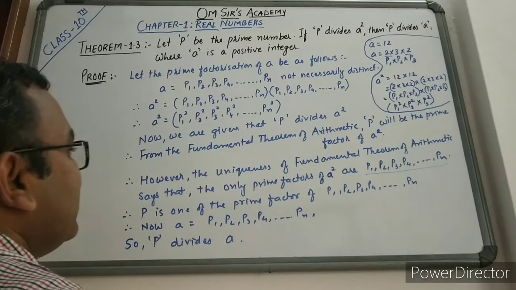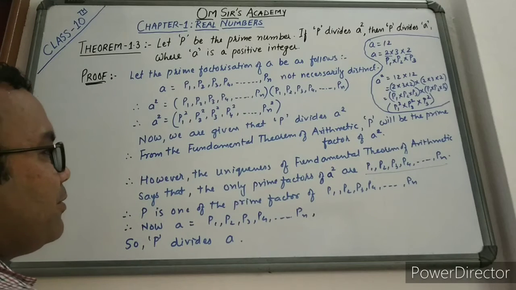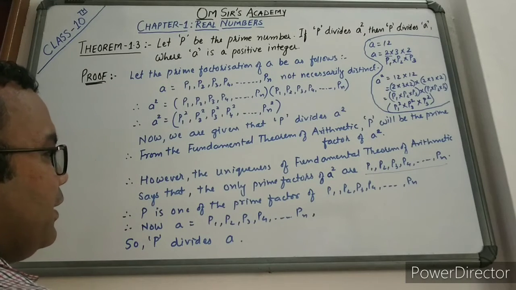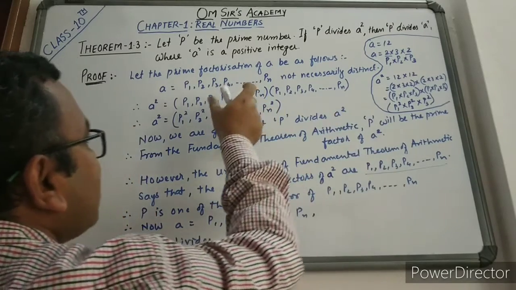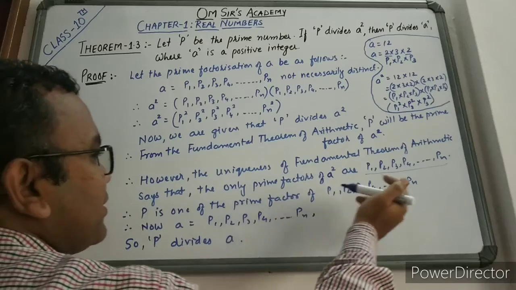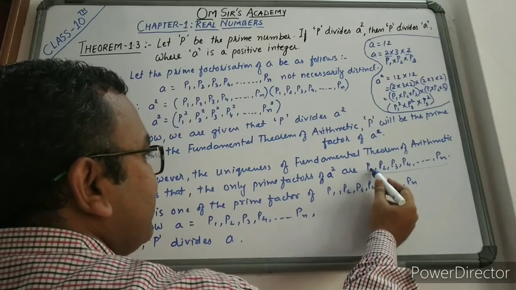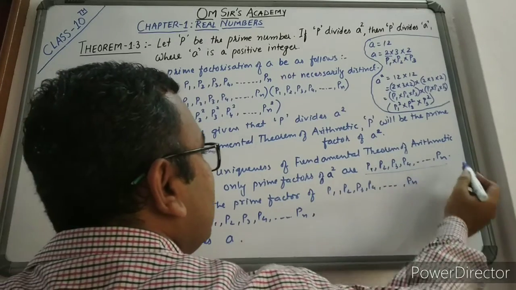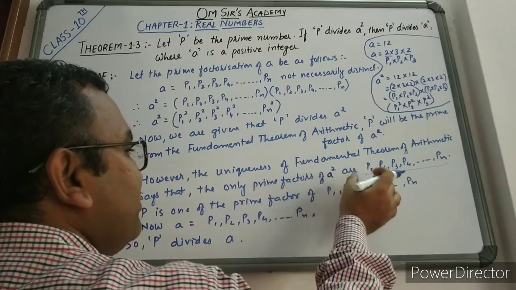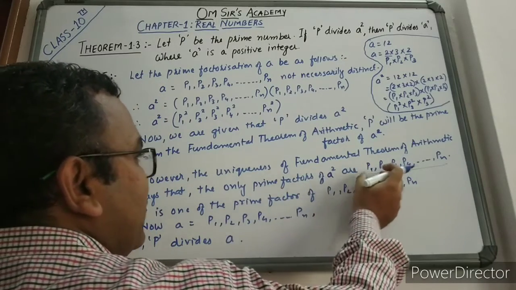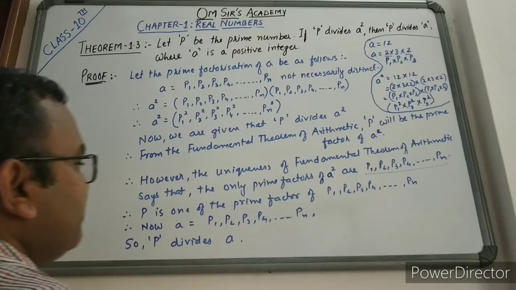ठीक है, यूनिकनेस ऑफ फंडामेंटल थ्योरम ऑफ अरिथमेटिक क्या कहते हैं कि जो प्राइम फैक्टर्स सिर्फ A स्क्वायर के हैं वो कौन से प्राइम फैक्टर्स है? जो A के प्राइम फैक्टर्स थे. A के कौन से प्राइम फैक्टर्स थे? P1, P2, P3, P4 till Pn. So the only prime factors of A square will be the prime factors of A, that were P1, P2, P3, P4 till Pn.